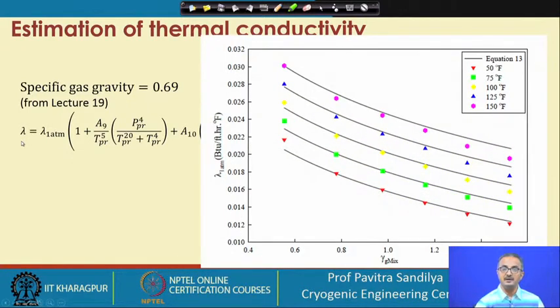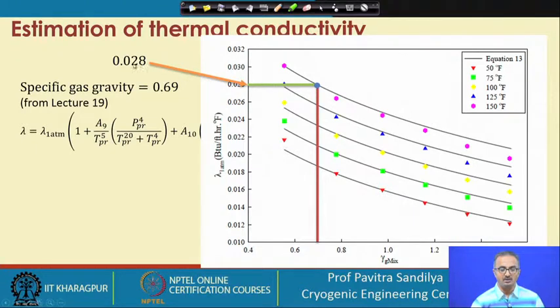So, here we have a chart. In this chart we have this value of the gamma, and this value is 0.69, and then we go to the pressure given, temperature given to us 150 degree Fahrenheit. So, at this temperature for this particular gamma we read out the value as about 0.028 for this lambda 1 atmosphere.